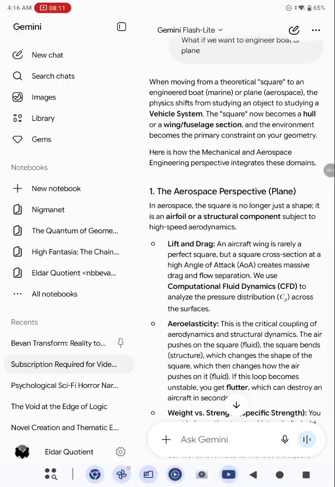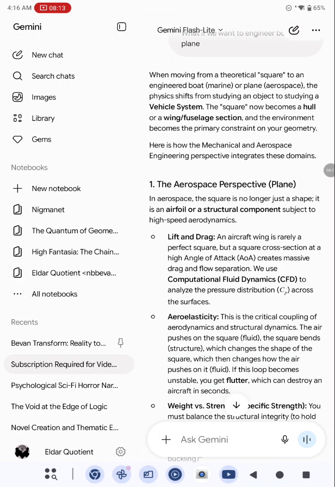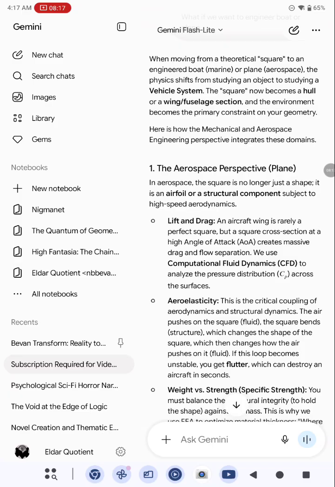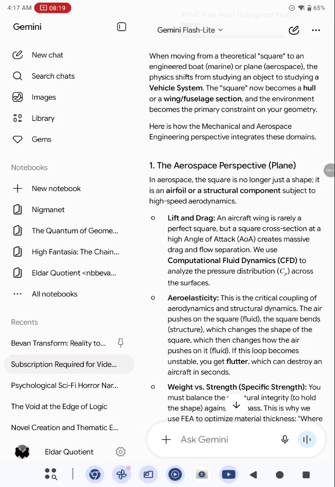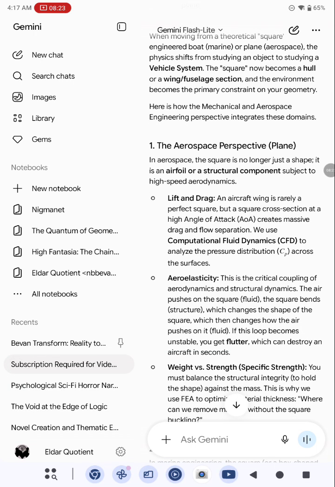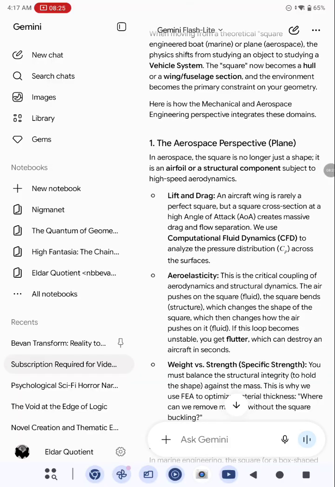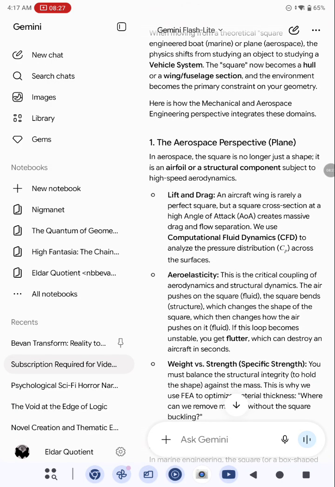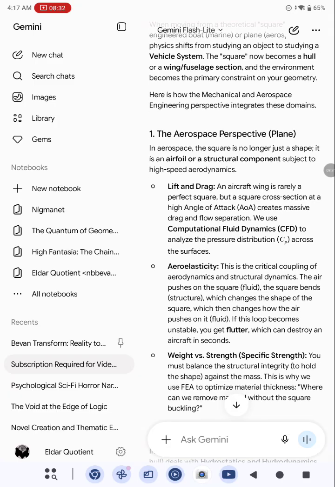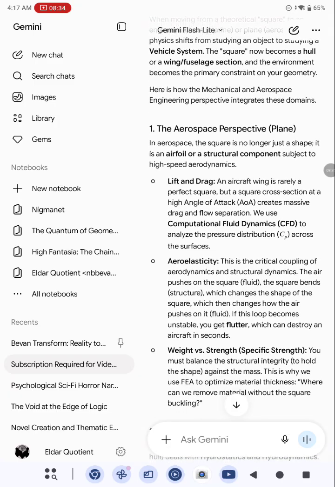We're moving from a theoretical square to an engineered boat or plane, marine and aerospace. The physics shift from studying an object to studying a vehicle system. The square now becomes a hull or a wing or fuselage section, and the environment becomes the primary constraint on your geometry.